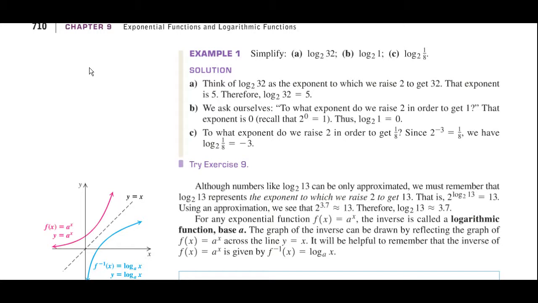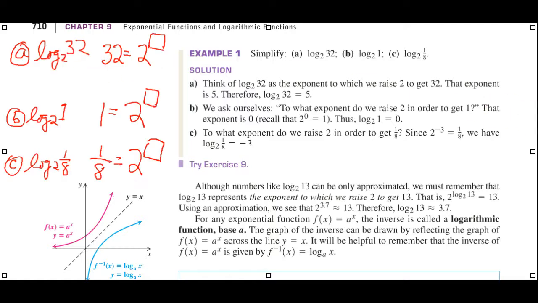Now, they give us some examples. And again, what I want to do as I do this with you is give you a technique, a strategy to get to these. As we look at these over here, remember log base 2 is going to be some number that will give you 32.